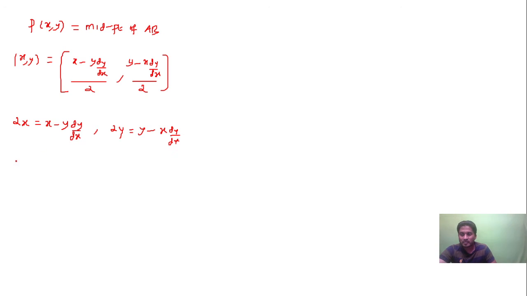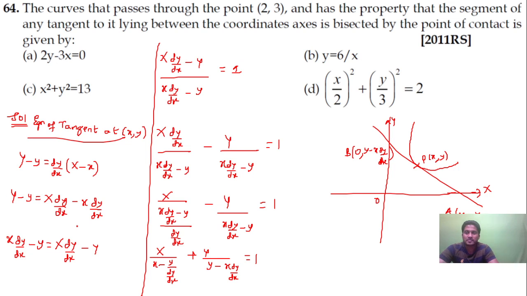Shift on the left side, x is equal to minus y upon dy by dx. If I separate the variables, you get x dx is equal to minus y dy. If you integrate this, you will get x square by 2 is equal to minus y square by 2 plus c. Now the question is, it passes through the point 2 comma 3.